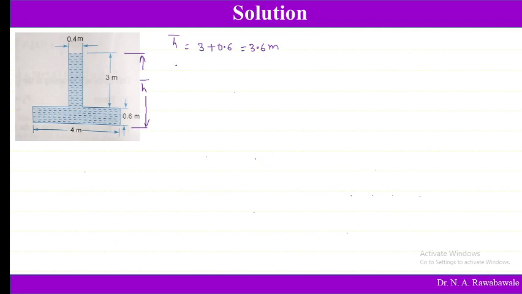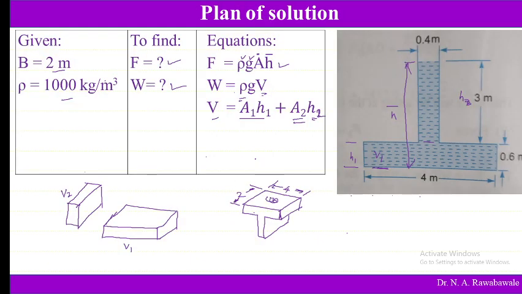Before finding the force, the area of the base is nothing but 4 meter into 2 meter. As I told you, the base area is 2 meter by 4 meter.